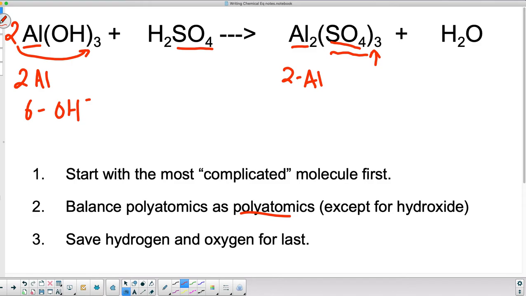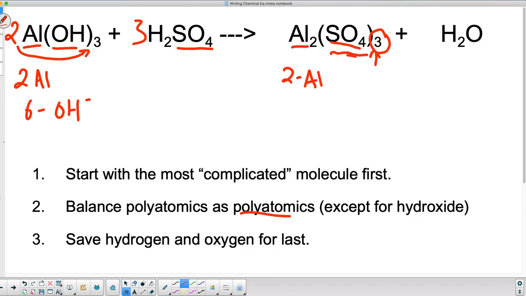So I have 3 on the right-hand side because of that subscript, so I'm going to put a 3 on the left-hand side. I do not have 4 SOs. I have 1 SO4. Otherwise, if I had more than one, I would see parentheses, just like I do on this side over here and over here on the left-hand side with hydroxide. Notice I have parentheses there too, which means I have more than 1 OH.